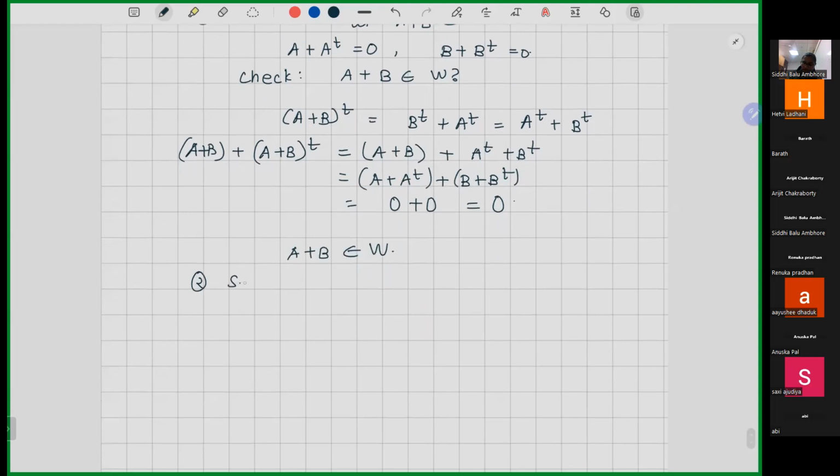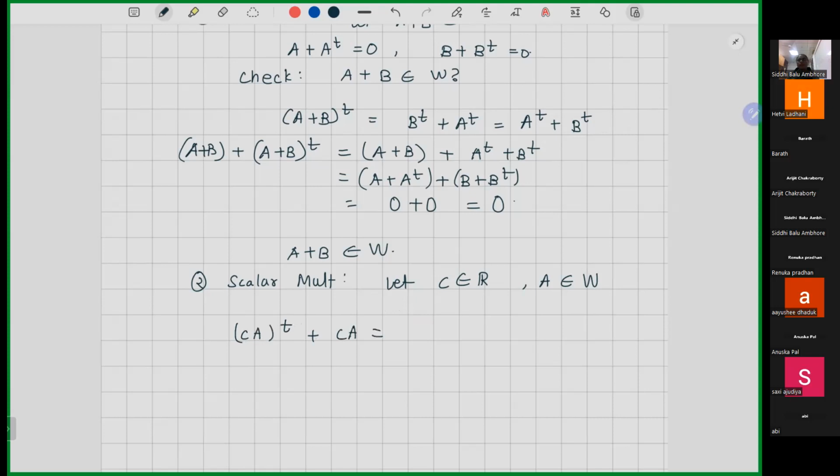And now scalar multiplication. So let C be in R. Then what is C into A? And let A be in W. So we want to check what CA transpose plus CA is.